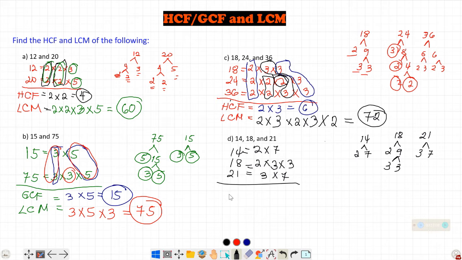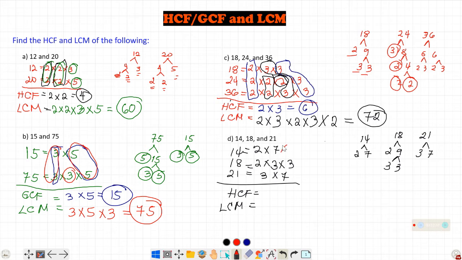Okay, so now we are ready to find the HCF and LCM of these numbers. As you can see, there are 3 numbers, so we need to look at numbers that are common to all 3 numbers. Here there are only two 2s, only two 3s, and two 7s, so we can't see any number common to all three. But remember, these factors have a common factor, and that is what?